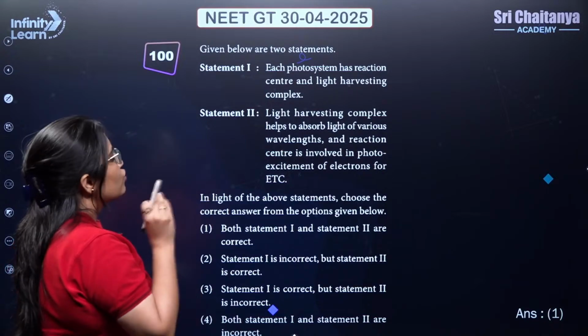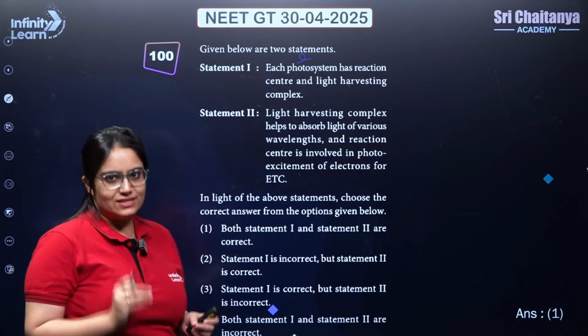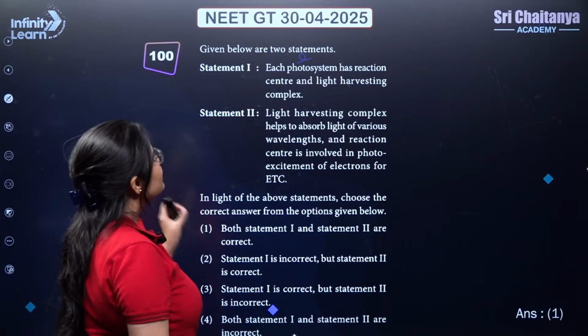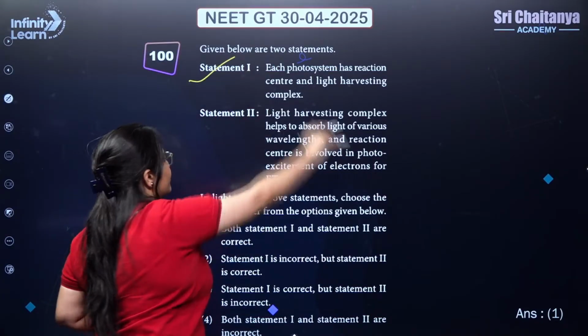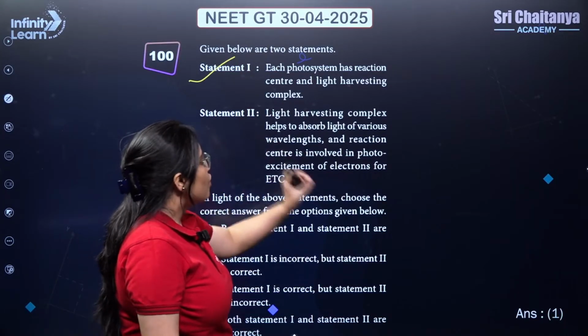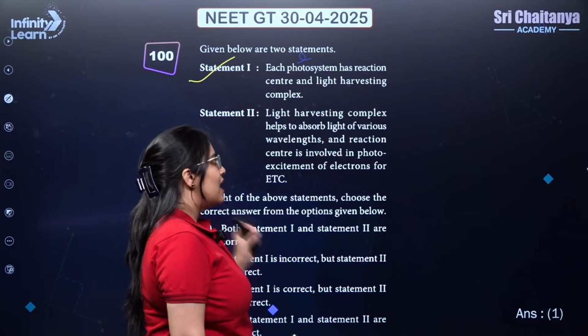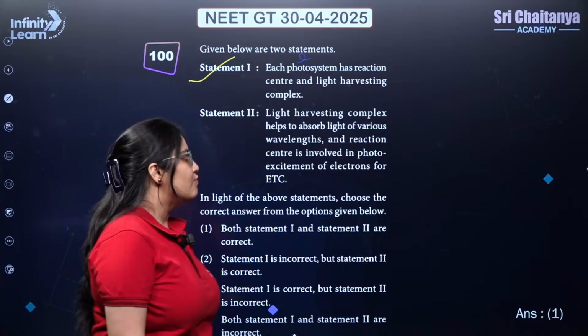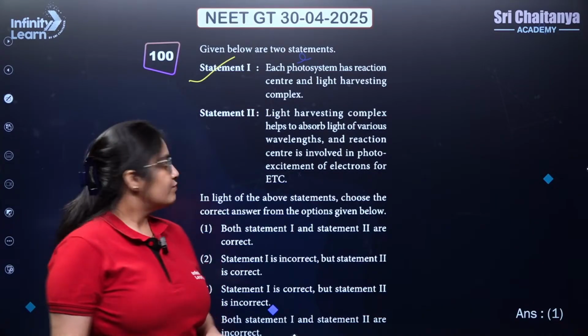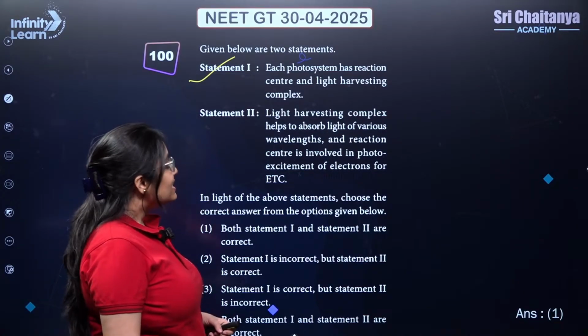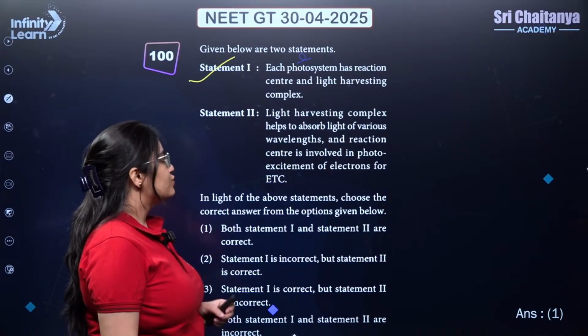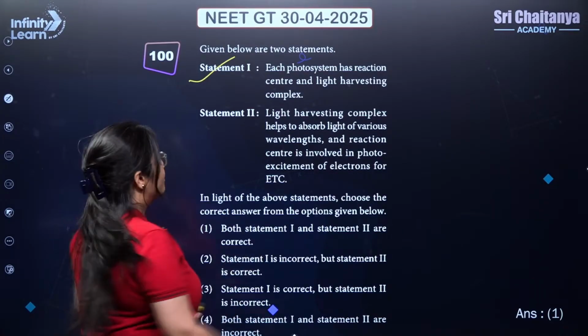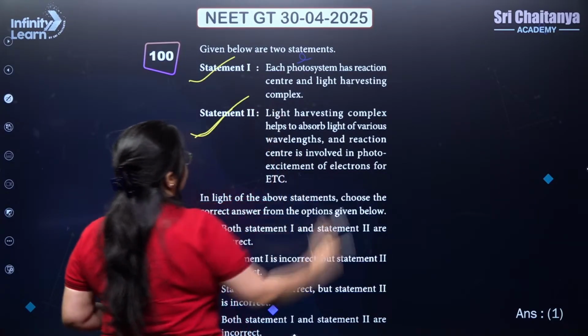Okay. Each photosystem has reaction center and light harvesting complex. Correct. Light harvesting complex helps to absorb lights of various wavelength and reaction center is involved in photo excitement of electrons for ETC. That is also correct.